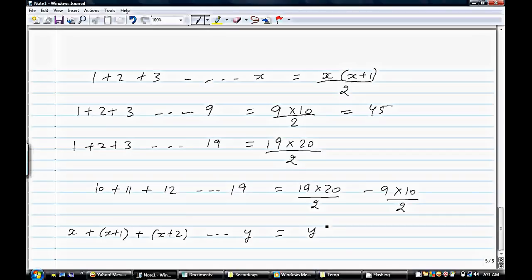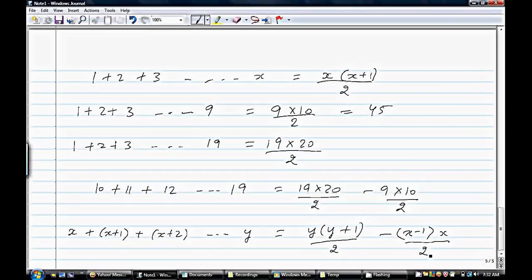That will be y into y plus 1 divided by 2 minus the numbers from 1 to x minus 1. So remember, we have x in the series, so we have to subtract numbers until x minus 1. So that will be x minus 1 into x divided by 2. So this is the general formula.